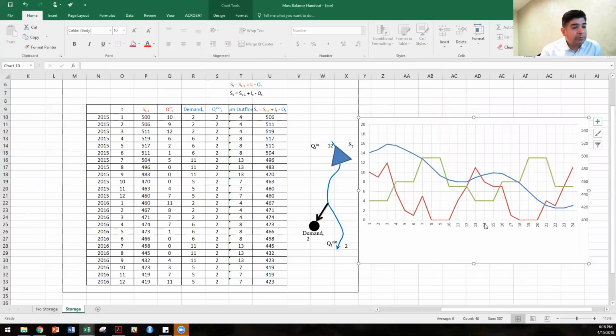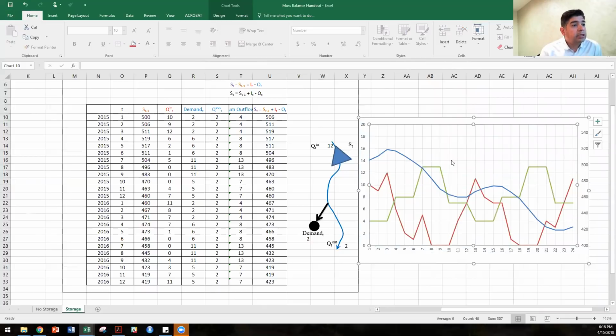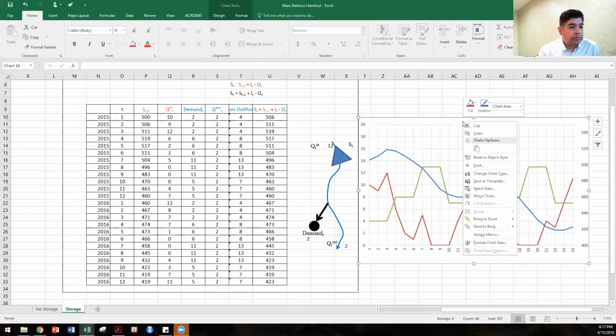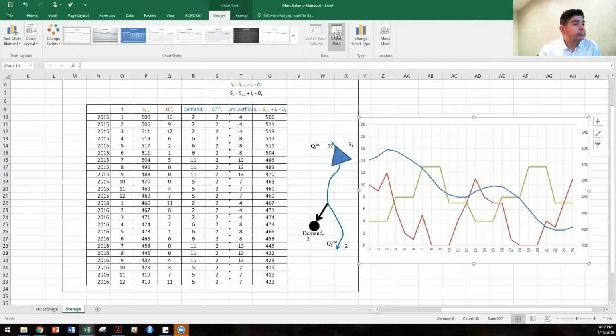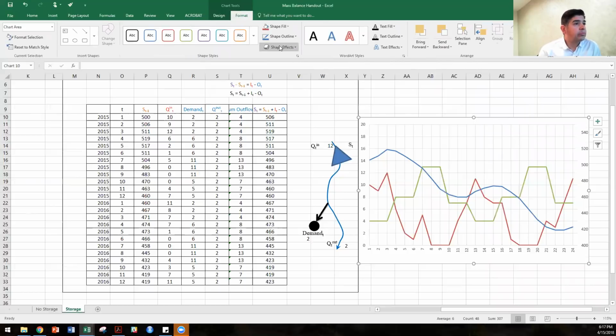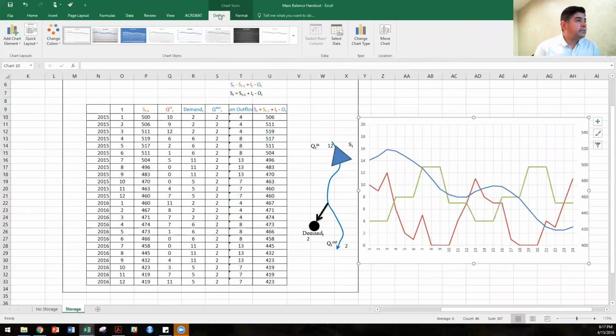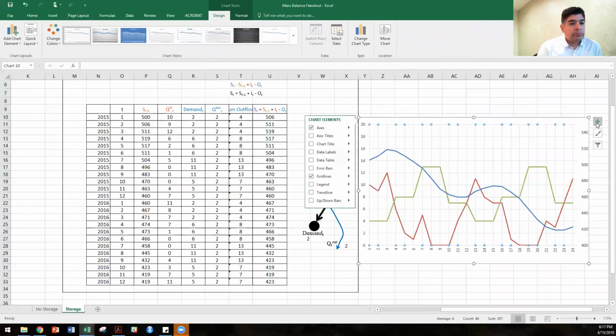I know this graph is quite busy, but let me add the legend here.